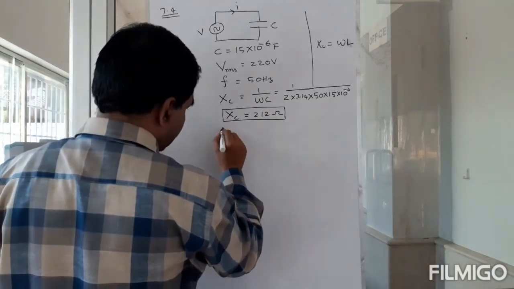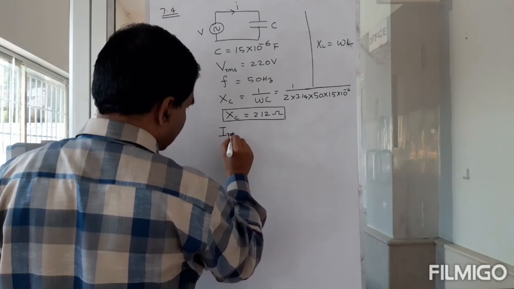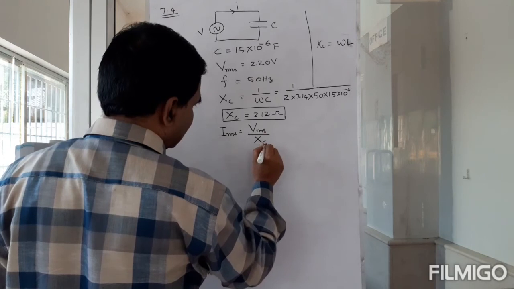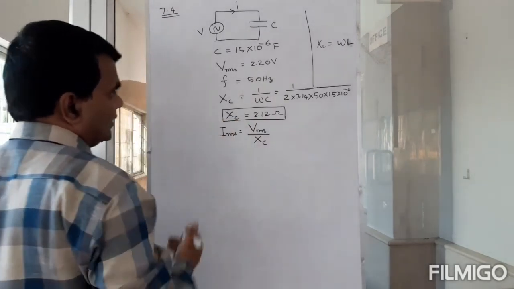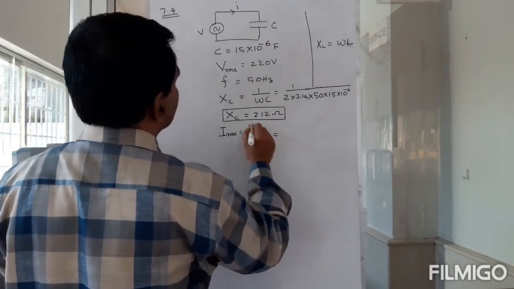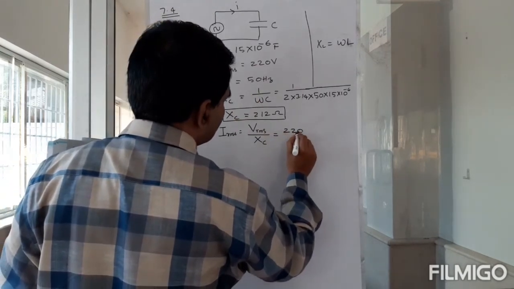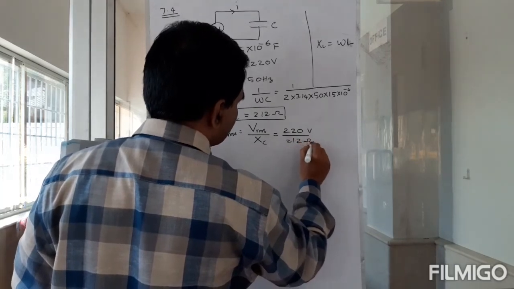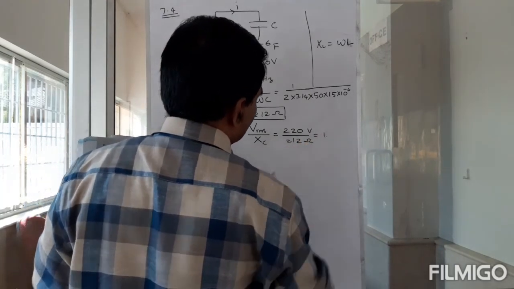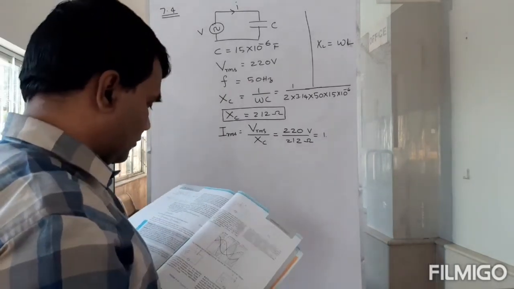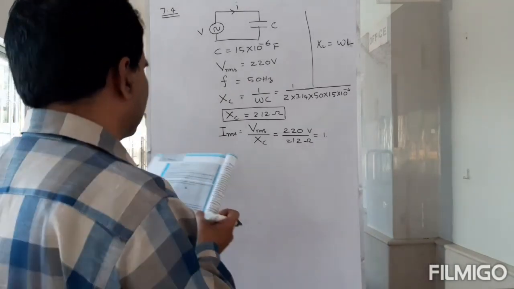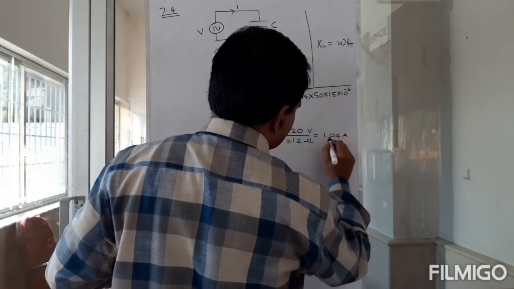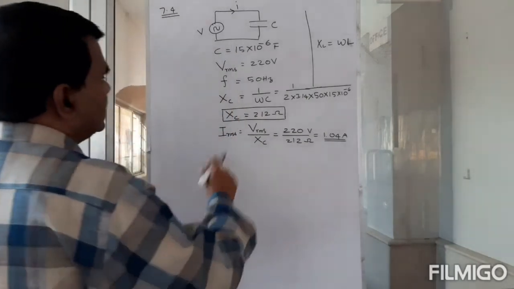I RMS is equal to V RMS by Xc, like V by R. So this is going to be V RMS, 220 volts, divided by 212 ohms, which is 1.04 amps. So 1.04 amps is the amount of current flowing through it.